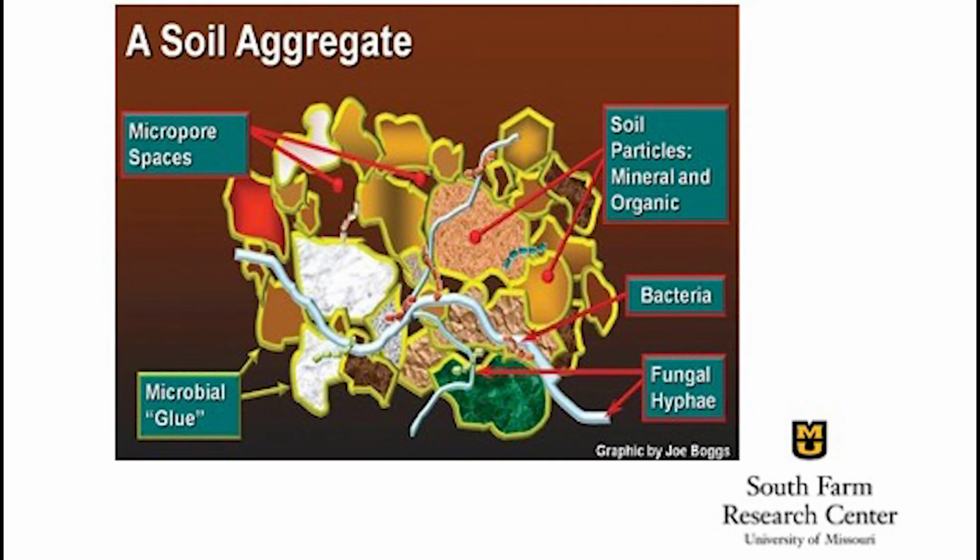So we have to keep that in mind too. But also the soil organic matter helps build these aggregates, as well as the soil biology itself. The fungi produce glomalin, which helps stick the soil particles together, and bacteria do a similar thing.